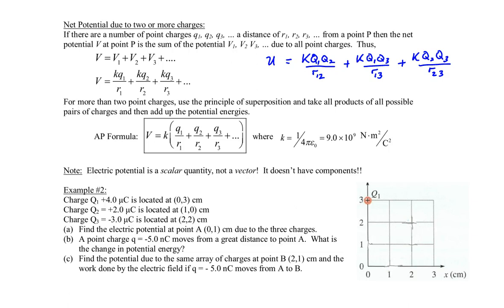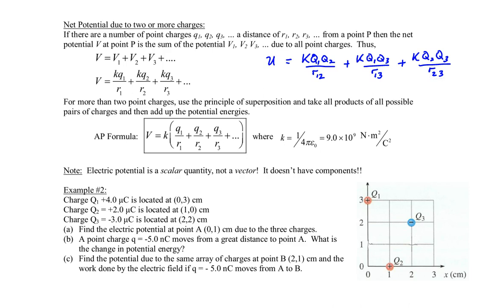You can think of it like this. Imagine you have Q1 that we've just placed in this empty space. Then we bring Q2 from infinity to a fixed location. The work done in moving that charge Q2 to this location would be this first term. And then finally bringing Q3 from infinity over to this location here, the work done would result in these two terms.